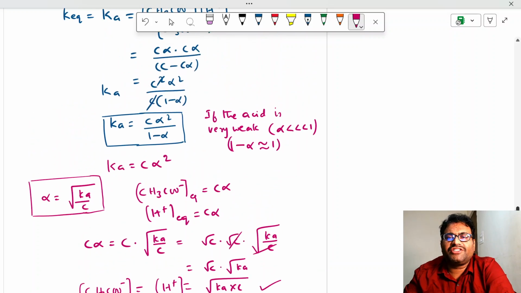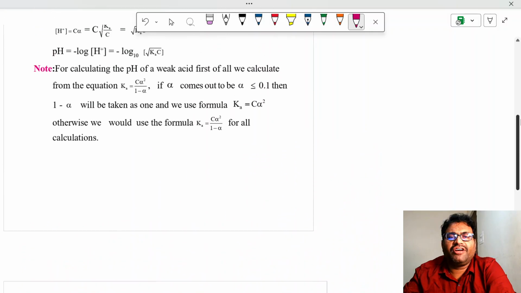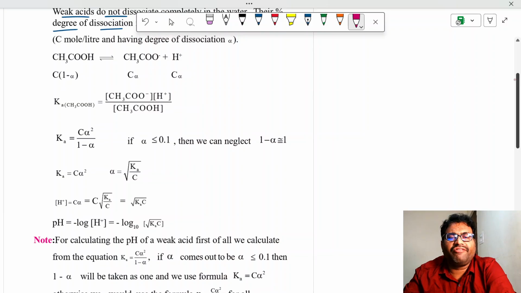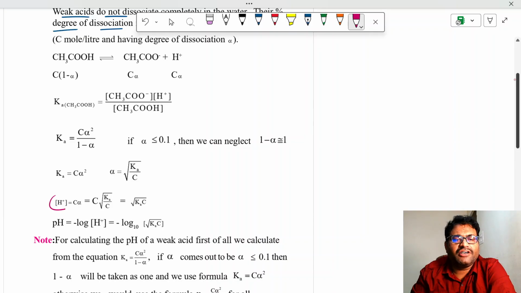This is the application of Ostwald dilution law for weak electrolytes. H plus ion concentration is equal to root Ka into C. For calculating the pH of a weak acid, we first calculate from the complete equation.